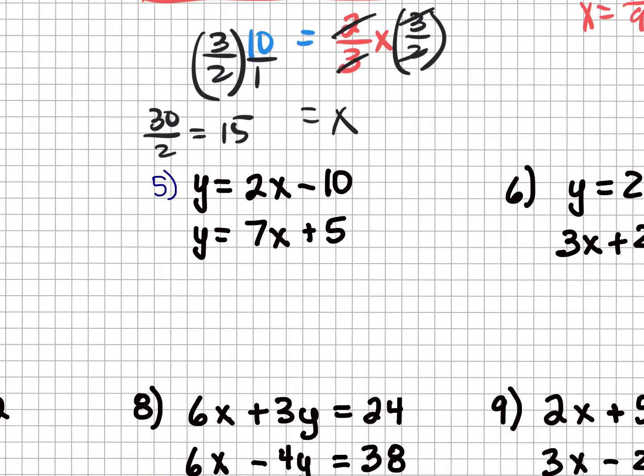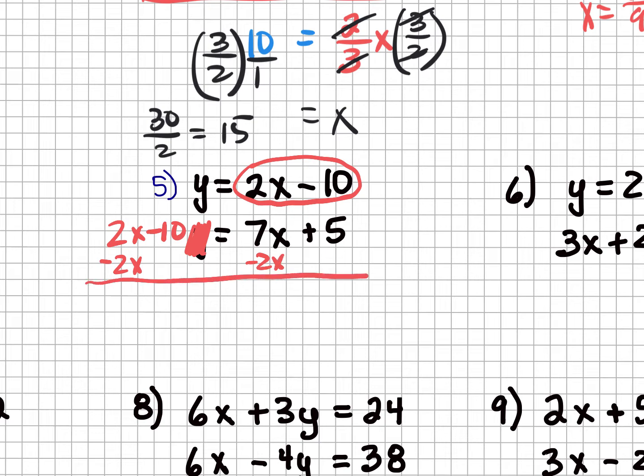Okay, so if y is equal to 2x minus 10, then I can take this y out of the equation and plug in 2x minus 10, because y is 2x minus 10. So 2x minus 10, I can subtract 2x over here, so I'll subtract 2x over there. That gets rid of the x's on this side. I'll subtract 5 here, I'll subtract 5 there.